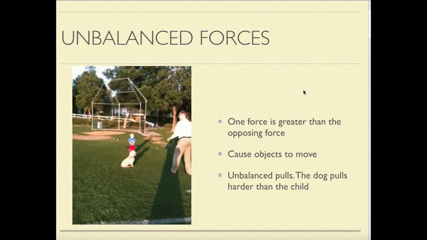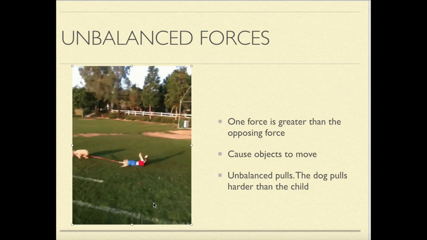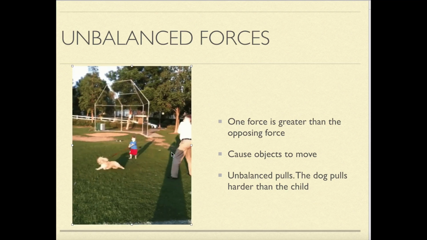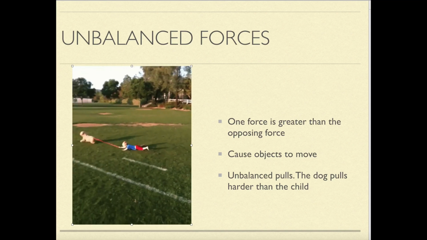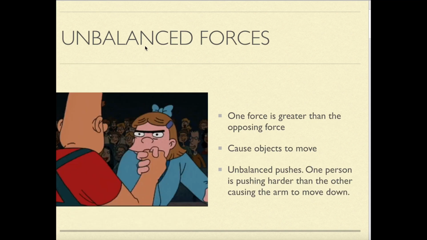With unbalanced forces, like I just said, one force is greater than the other, and that causes objects to move. So here's an example of unbalanced pulls. In this case, the dog is pulling harder than the child, and so the child moves in the direction of the dog. This is another unbalanced force, but with unbalanced pushes.